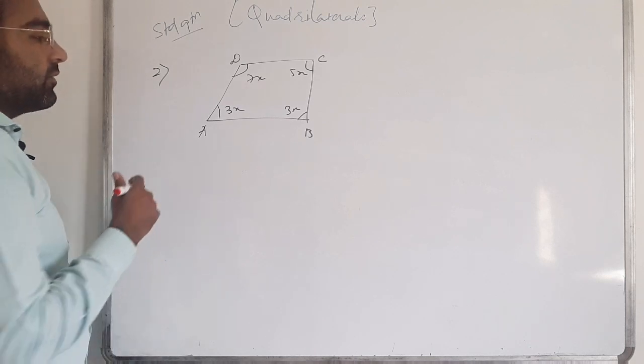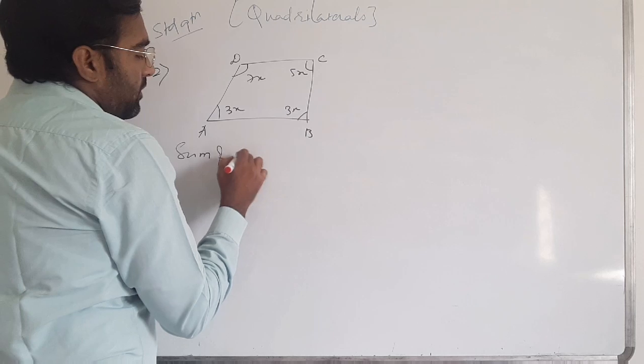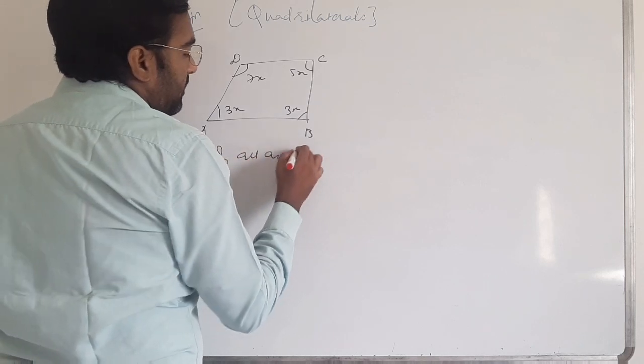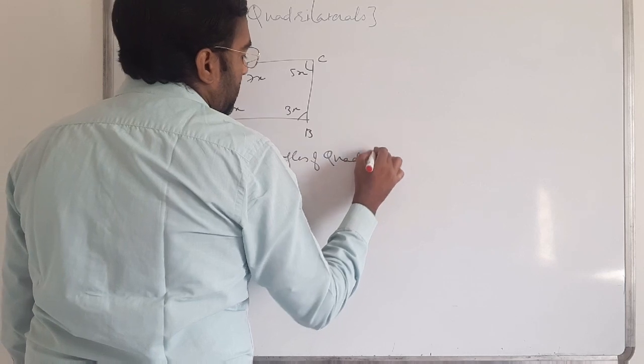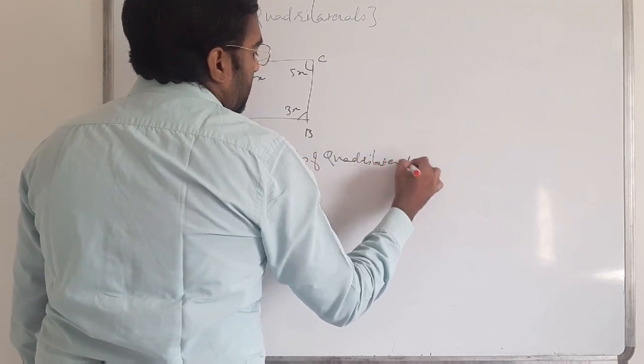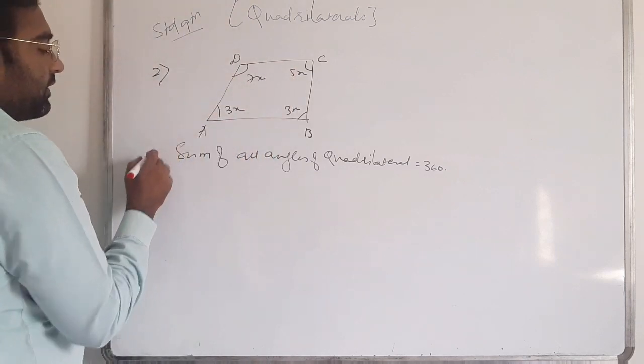So for the value of x, we know that the sum of all angles of a quadrilateral is equal to 360 degrees. Here one quadrilateral is given.